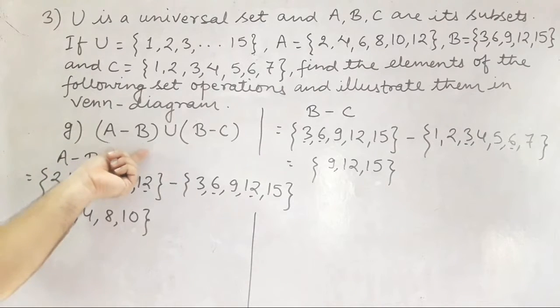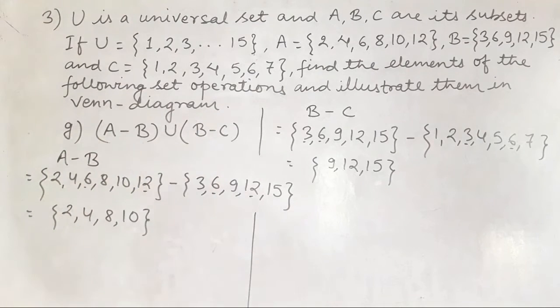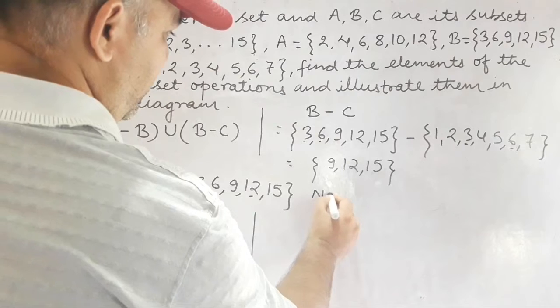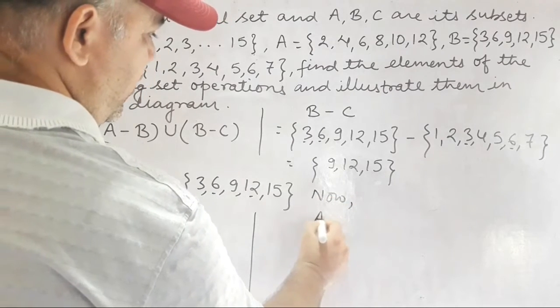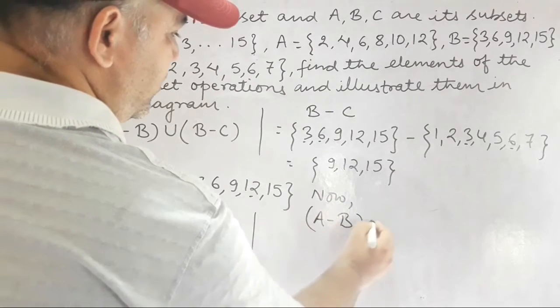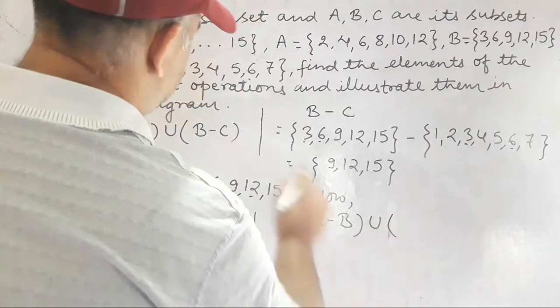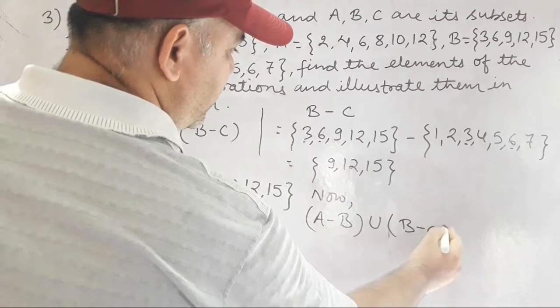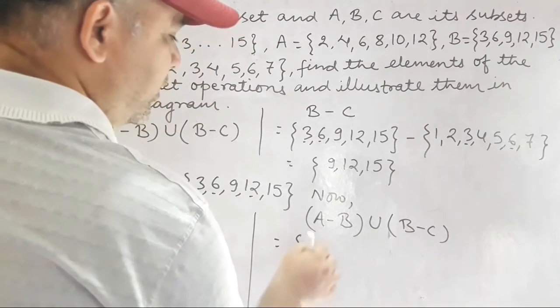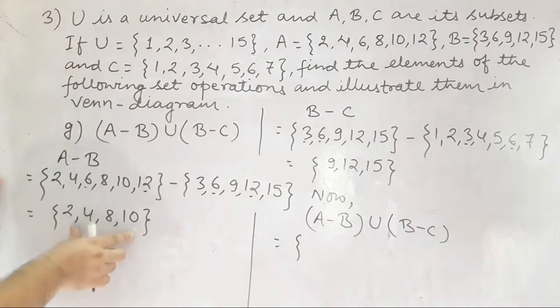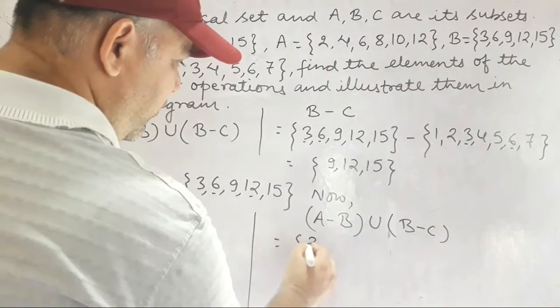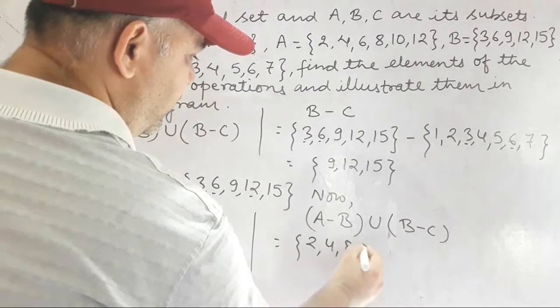Now A minus B union B minus C. What are the elements of A minus B? The elements of A minus B are 2, 4, 8, 10.